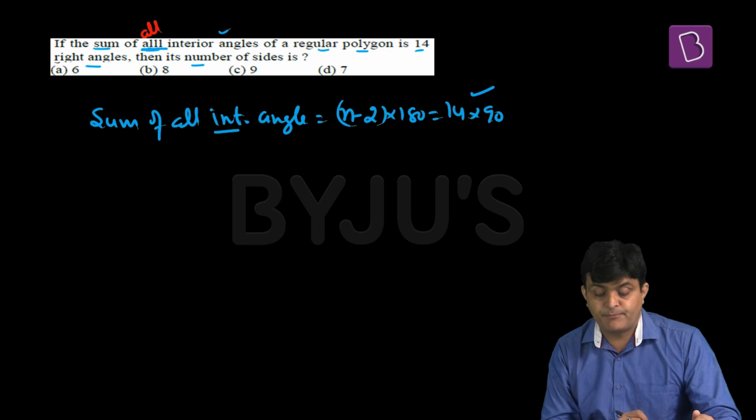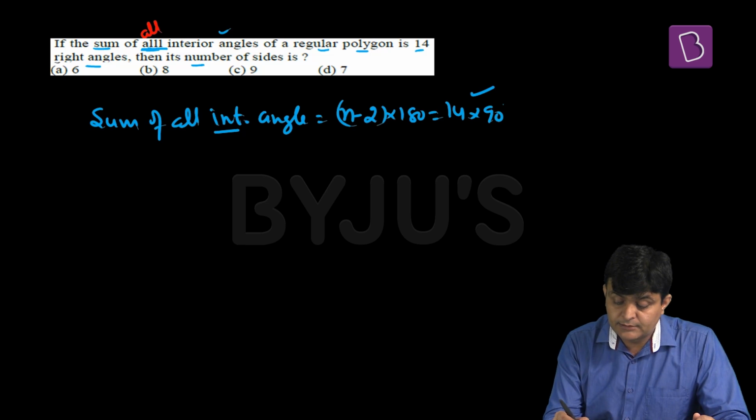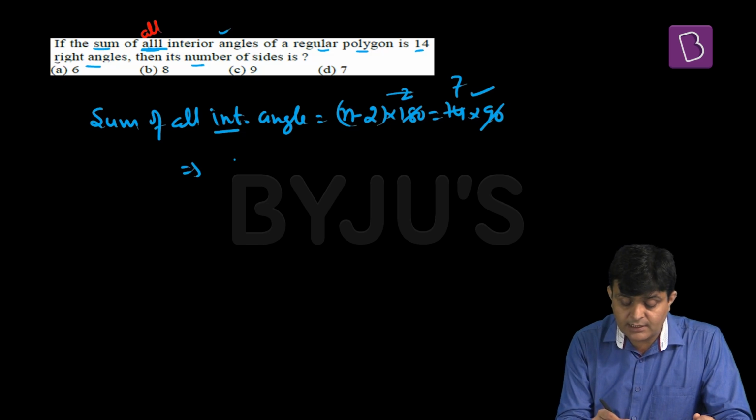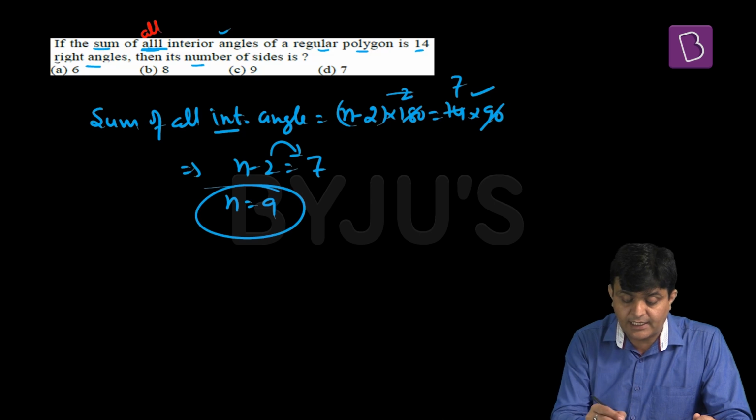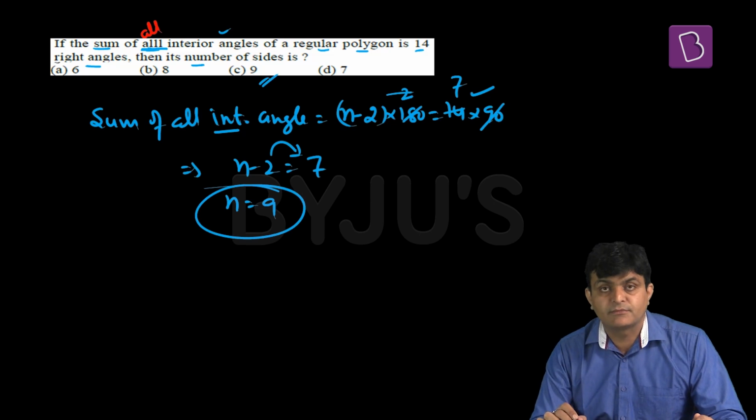It is given. 90 to 7. So it is n minus 2 is equal to 7. So n is equal to 2 plus 7, n is 9. C part is the answer. Done.